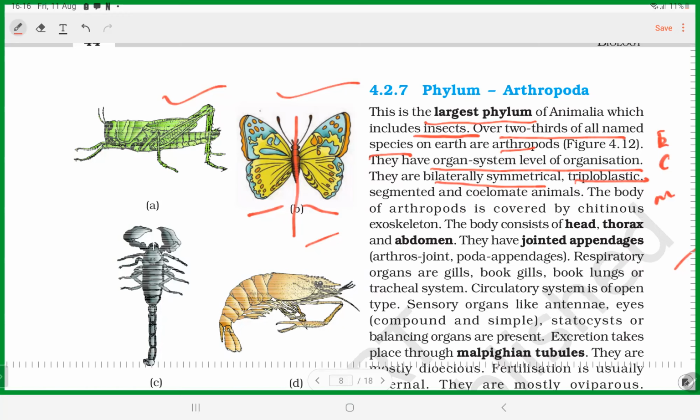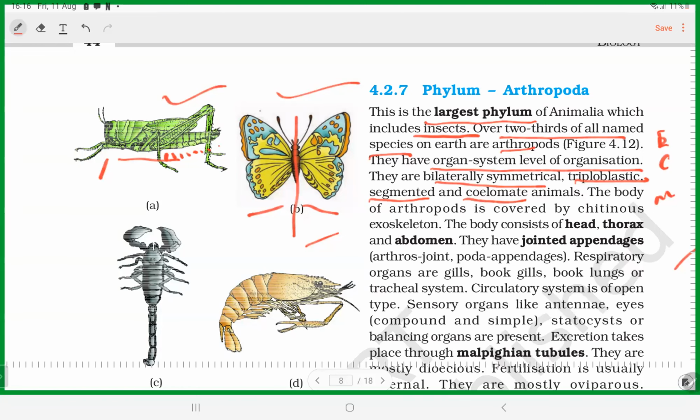And then you can see segments. Look at that, segmented organisms. In the abdomen you can see segments. The body has three segments: head, thorax, and abdomen. So segments are present, and they have a true coelom also, coelomate animals.